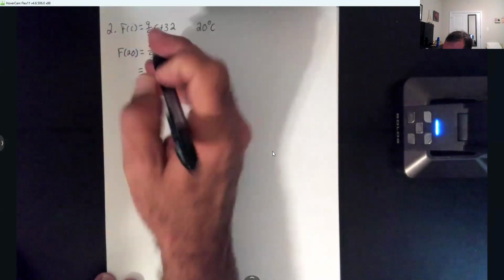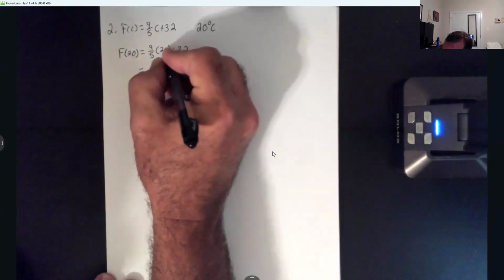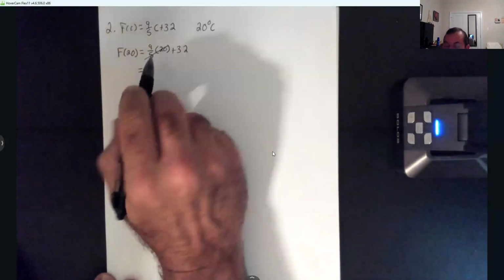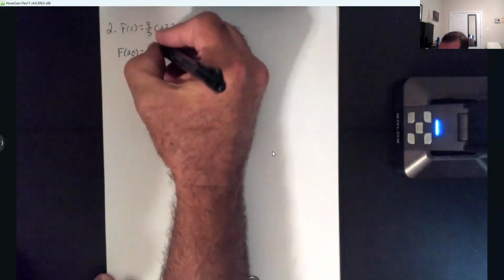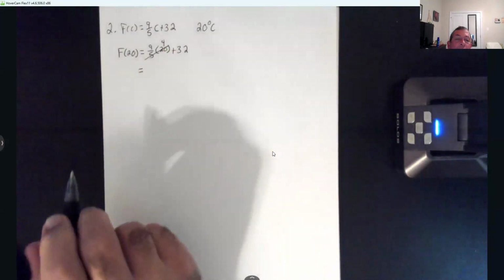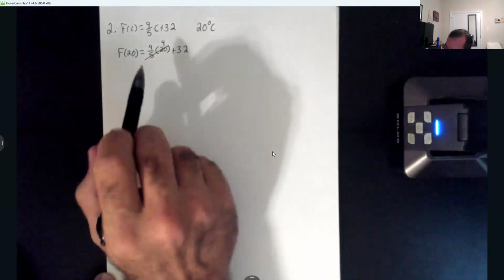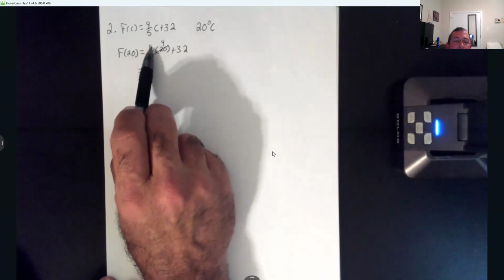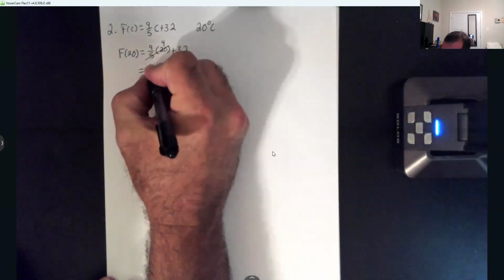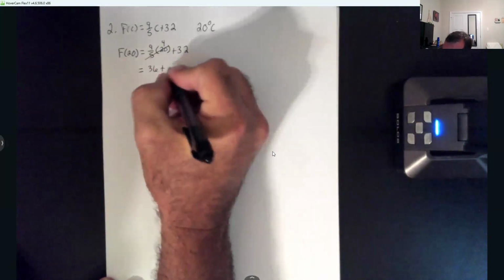Now, working this by hand, this 20 and 5, they will reduce because I can take that 20, divide by 5, and that's going to make that a 4 there. Okay. Now, what's left? I got 9 times 4, which is 36, plus my 32.